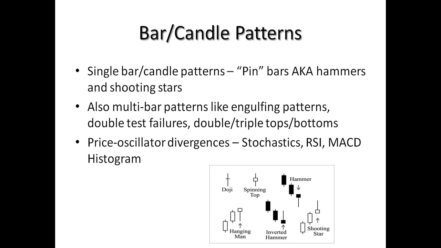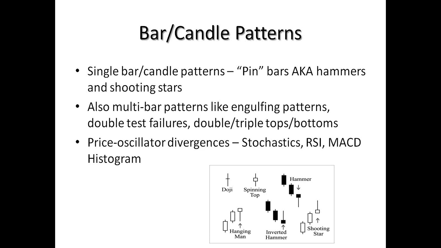So what is a price oscillator divergence? It's simply a divergence between price and the oscillator, a difference between price and the oscillator. It's a disagreement, if you will. I'm going to say this quickly, and hopefully most of you are familiar with what divergences are. For example, this is a regular divergence.